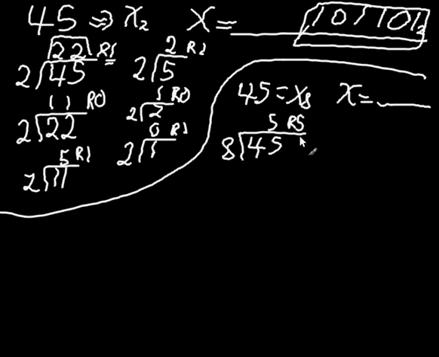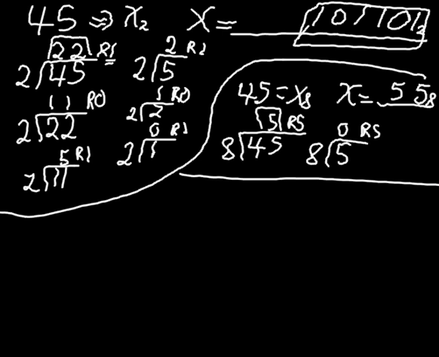But I'm just telling you that it's 5 with the remainder 5. Remember, we put it in backwards. Put a 5 there. And then we have to divide the quotient again. In this case, it's 5 divided by 8, and that's 0 with a remainder of 5, and we put a 5 there. So that's our answer in base 8. It's 55.